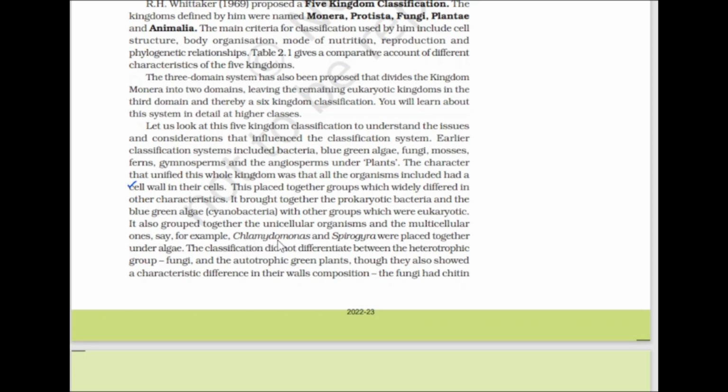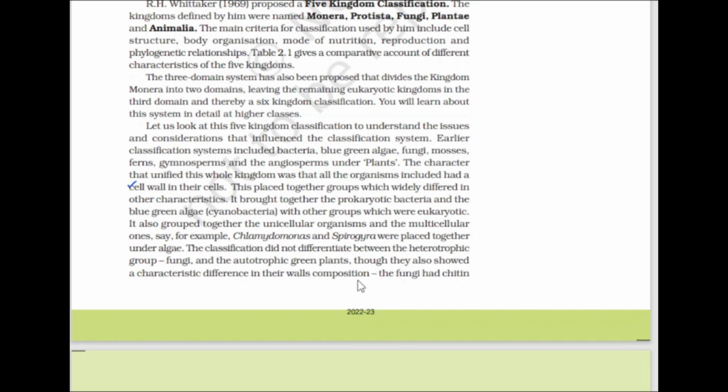For example, Chlamydomonas and Spirogyra were placed together under algae. The classification did not differentiate between the heterotrophic group fungi and the autotrophic green plants.